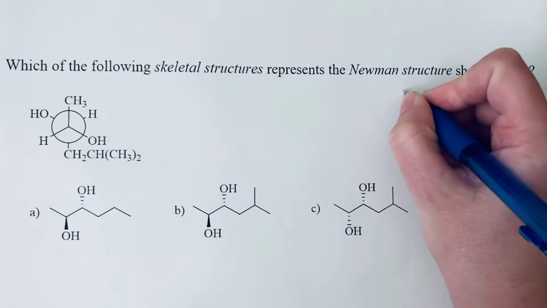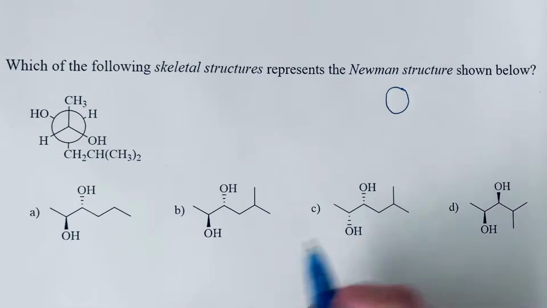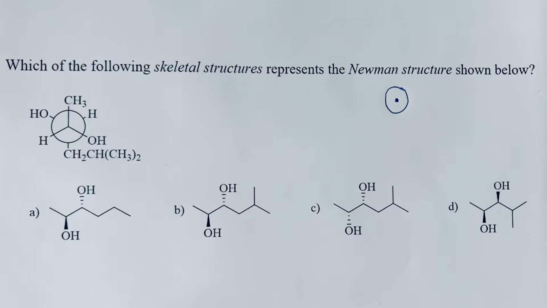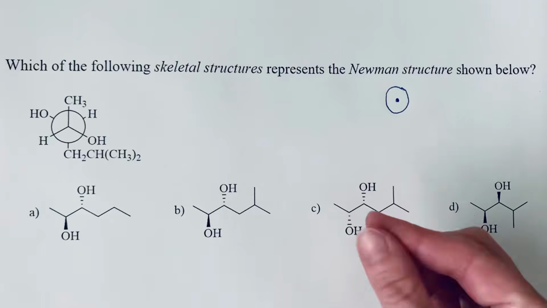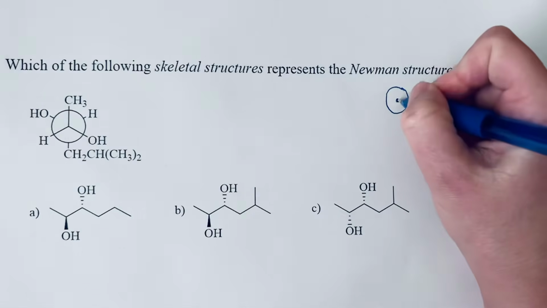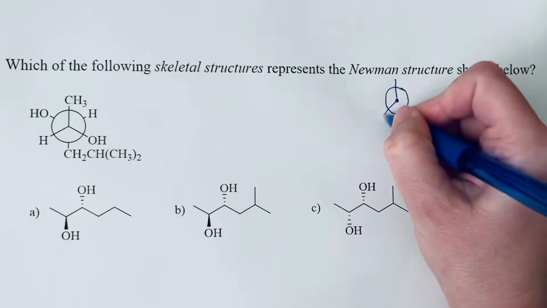So what we have is this circle, and that represents a carbon that's behind another carbon. And we have a dot in the front that represents the first carbon. So it's as though you've picked up one of these molecules and you've turned it, and you're looking straight from one carbon atom to the one that's behind it. So I'm going to draw this to look similar to what we have over here.